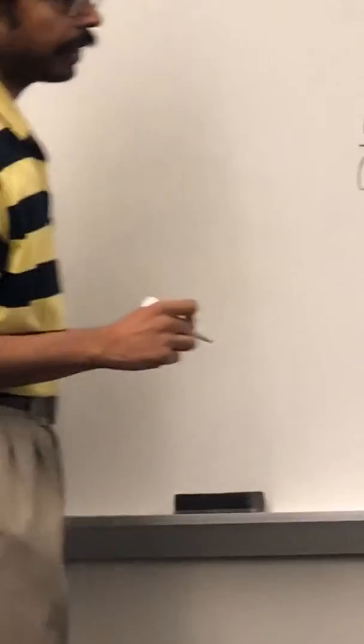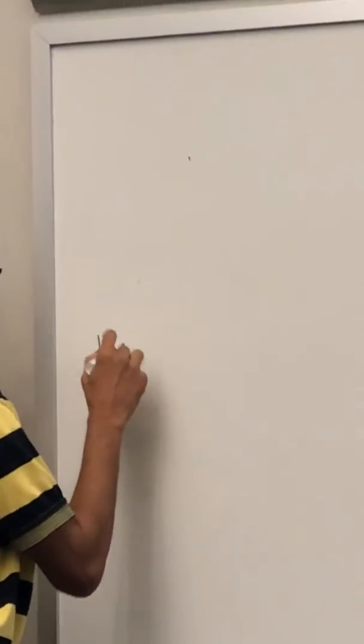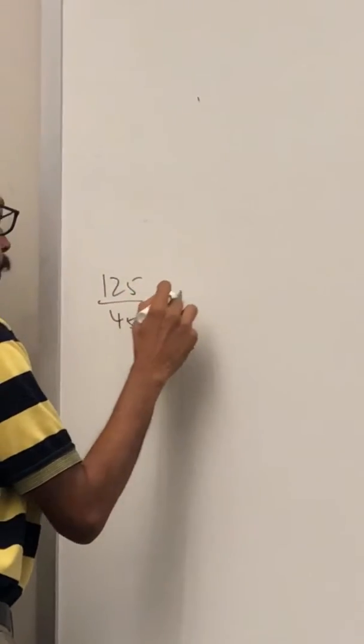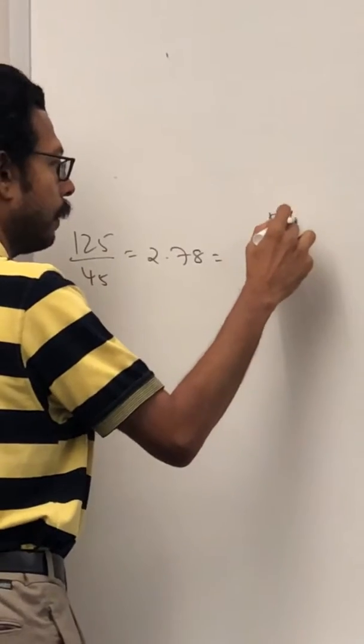So 125 divided by 45 is 2.78 equals 2 raised to beta of eta I.